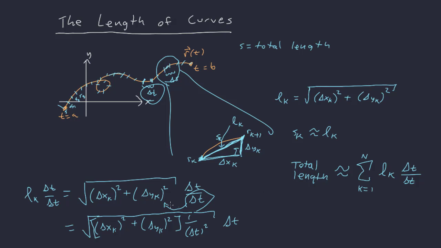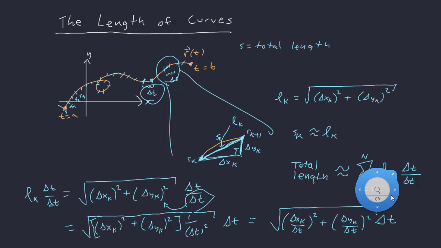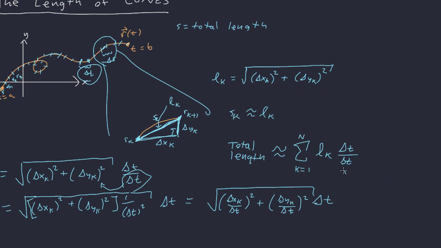But when I bring this delta t in, it's going to become a delta t squared, and this ends up being, if I move this across, basically delta x sub k over delta t squared plus delta y sub k over delta t squared times delta t. Okay? So that means the total length is actually approximated by this.